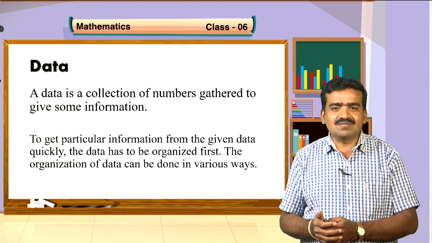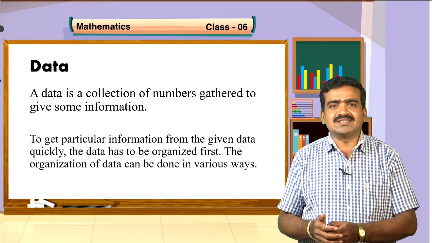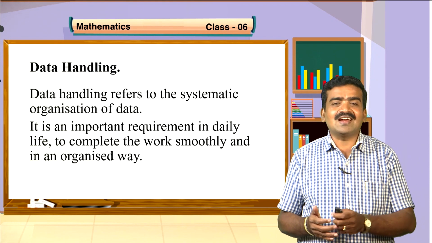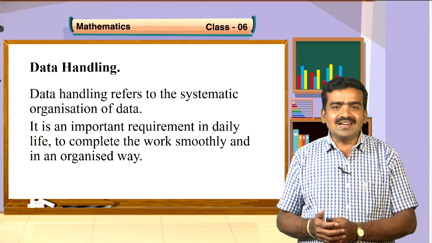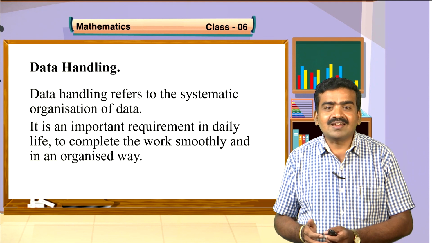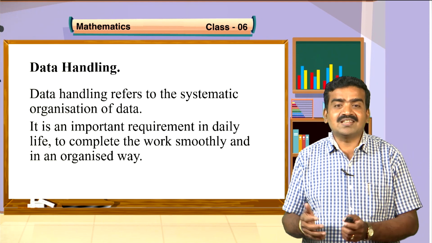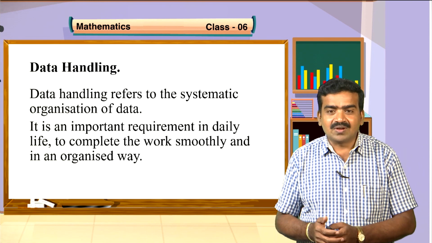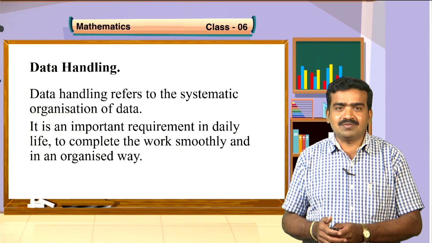The organization of data can be done in various ways. And also you have learnt about data handling. Data handling refers to the systematic organization of the data. It is an important requirement in our daily life to complete the work smoothly and in an organized way.